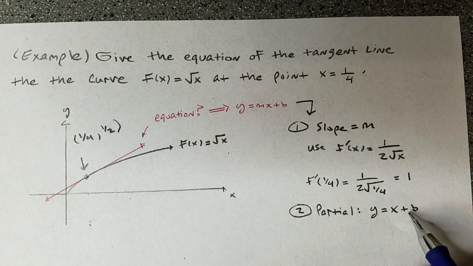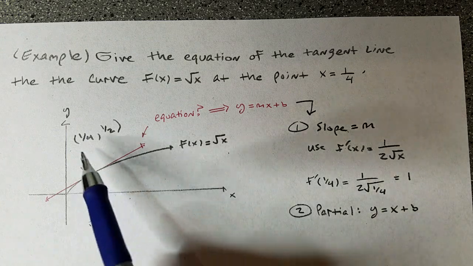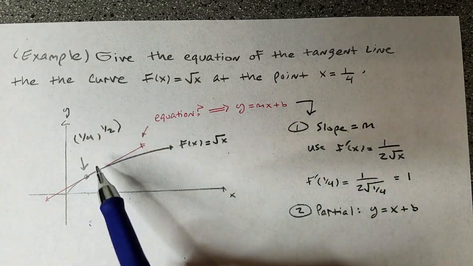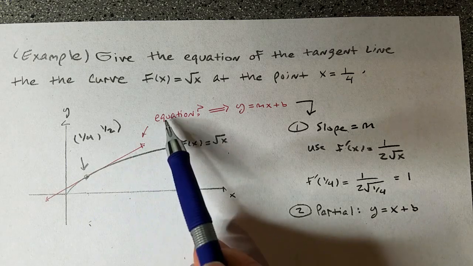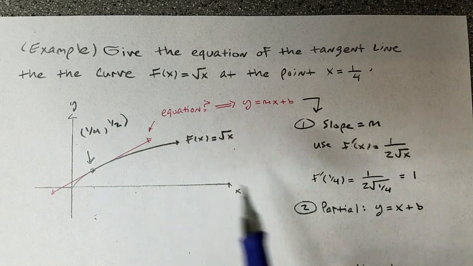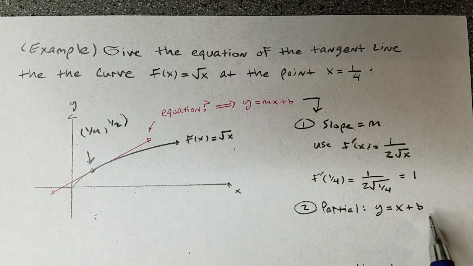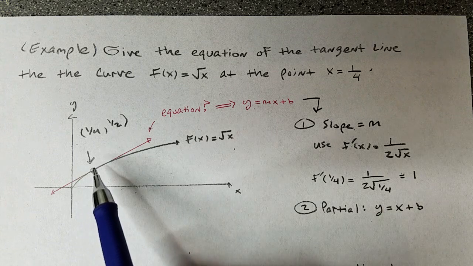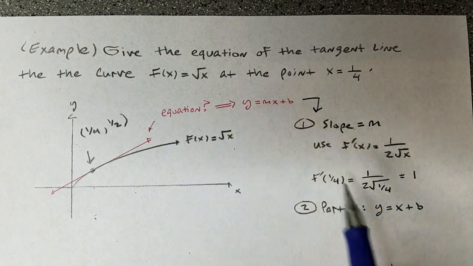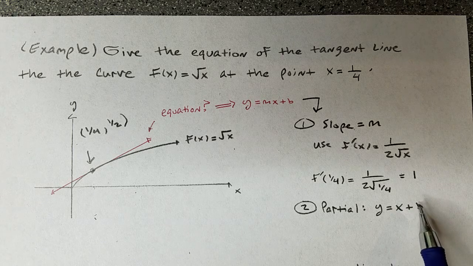Now, I can find the y-intercept by noting that that point is on this line that I'm trying to find the equation of. So if I take that x and put it here, and that y and put it here, that would be valid because that point is on the tangent line. And if I put those numbers in, I can find b.